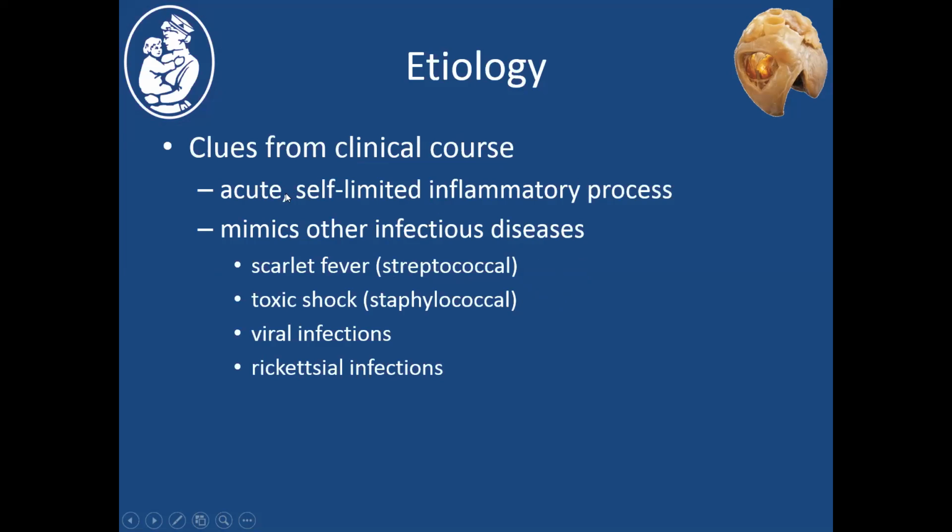From the clinical course, it's an acute, self-limited inflammatory process like other infectious diseases, but also like some kinds of autoimmune disease. It can mimic a number of infectious diseases: scarlet fever, toxic shock, some other viral infections, and the rickettsial infections like Rocky Mountain spotted fever, for example.